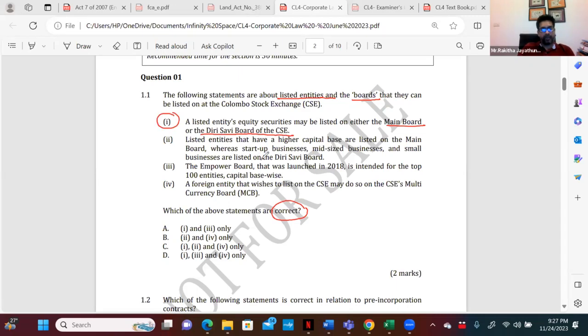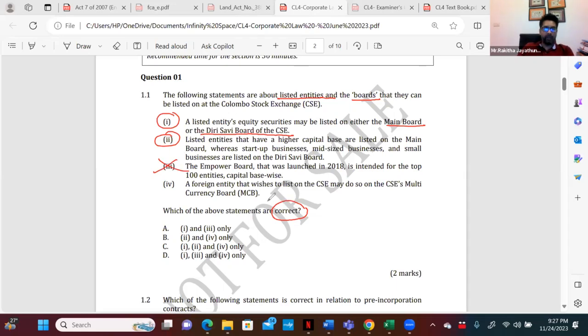Then listed entities that have a higher capital base are listed on the main board. That is correct. Where startup businesses, mid-sized businesses, and small businesses are listed on the Diriya board. That is also correct. The Empower board that was launched in 2018 is intended for the top 100 entities capital base wise. No, that is not correct.